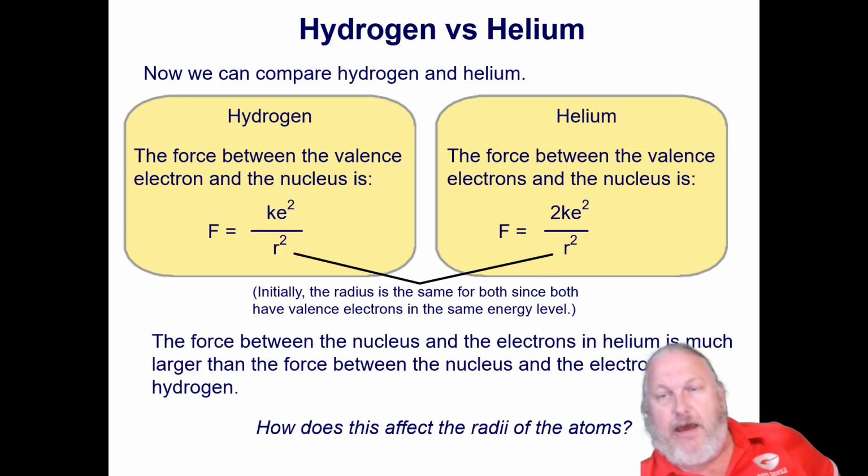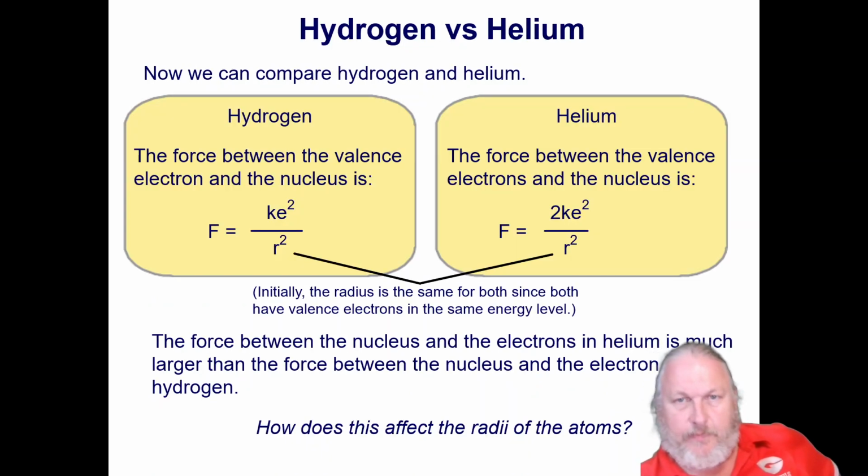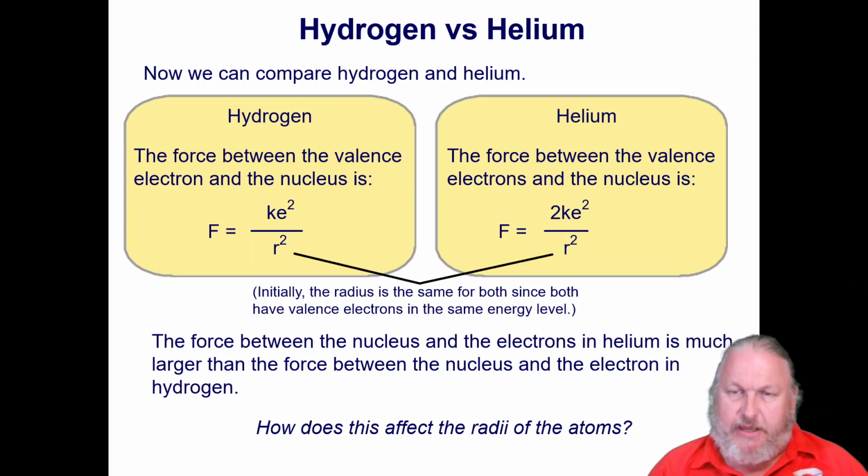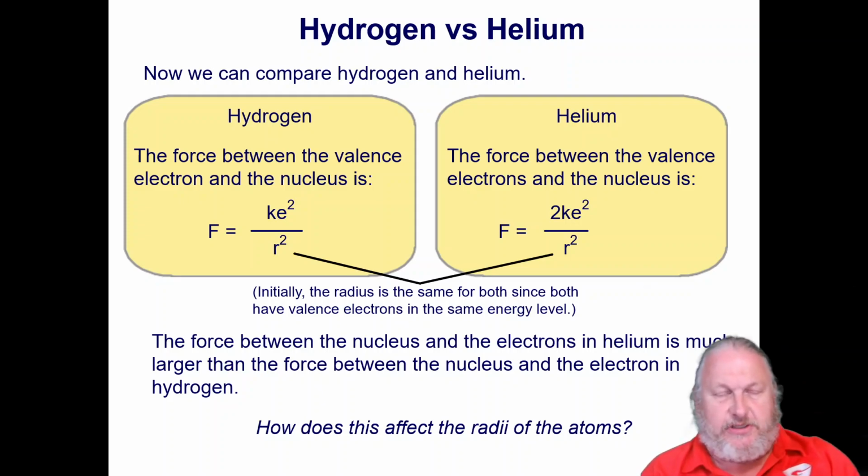Now let's compare hydrogen and helium. The force between the valence electron and the nucleus in hydrogen is 1 Ke squared over R squared. The force between the valence electrons and the nucleus in helium is 2 Ke squared over R squared. The radius for both is the same since they both have the valence electrons in the same energy level.